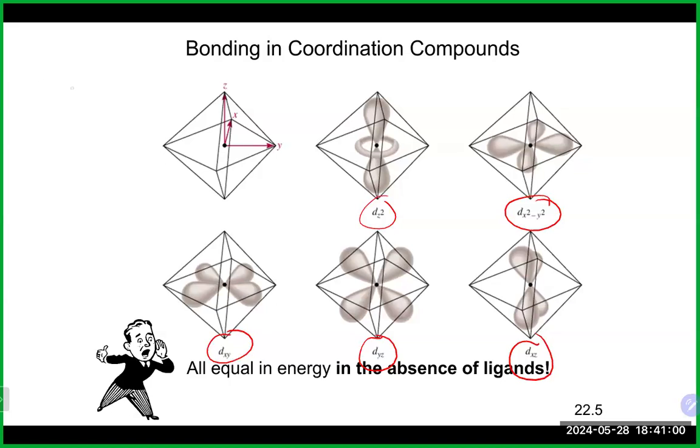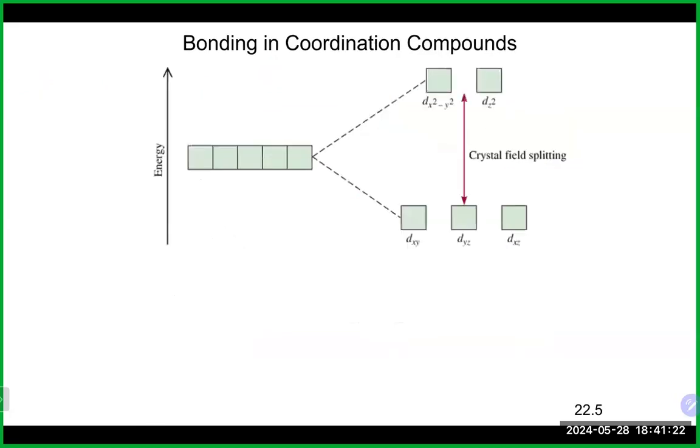In the absence of any ligand being present, these d orbitals are all basically equal in energy. Once ligands get in place, there's a change in the energy of these d orbitals, and there's what is referred to as splitting of these d orbitals.